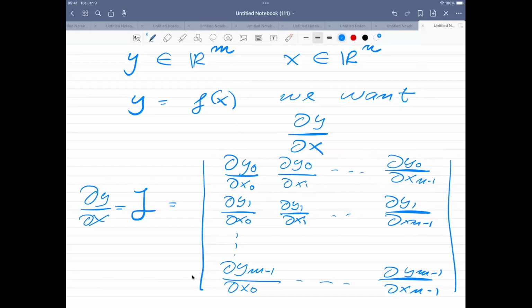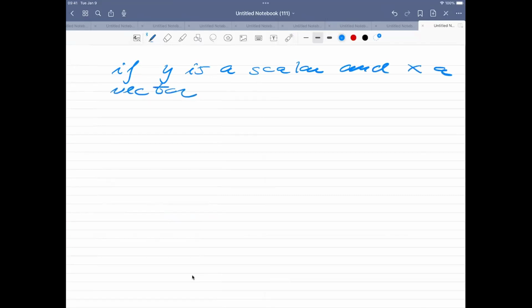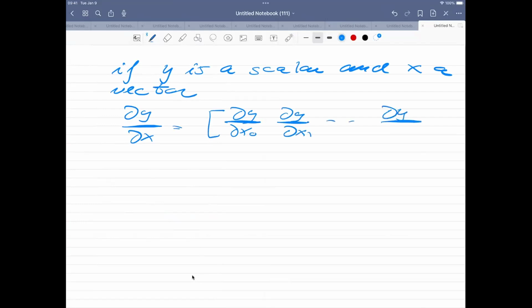Let's write this down. If y is a scalar and x a vector, then dy/dx is simply given by dy/dx0, then dy/dx1, and all the way up to dy/dx n minus 1.